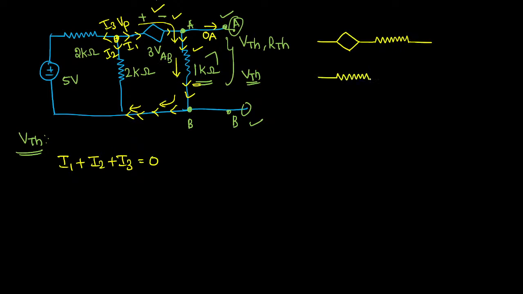So, I'm just asking you, what is the difference between the first circuit and the second circuit? I'm keeping plus minus 3 times of VAB, and the same plus minus 3 times of VAB here. Here I am keeping a 2 kilo ohm resistor, and here also the same 2 kilo ohm resistor. Let us take 10 voltage at this junction, and 0 voltage at the ground.